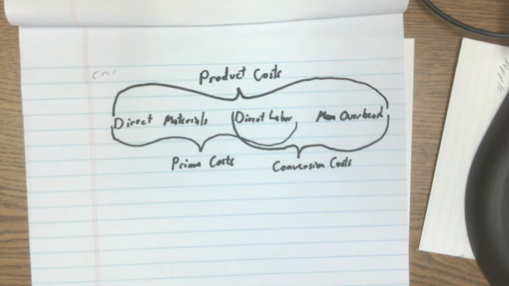Now, what does it mean for something to be a product cost? It means that the cost gets attached, in an accounting sense, to the thing that is produced or the service that is being performed. And what that means is product costs end up either as cost of goods sold when we sell it, or in inventory if we don't sell it, manufacture it, but don't sell it.